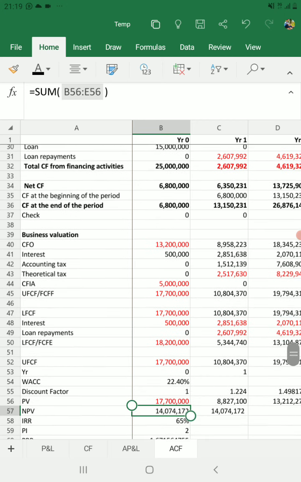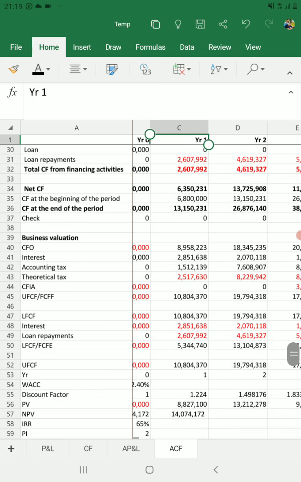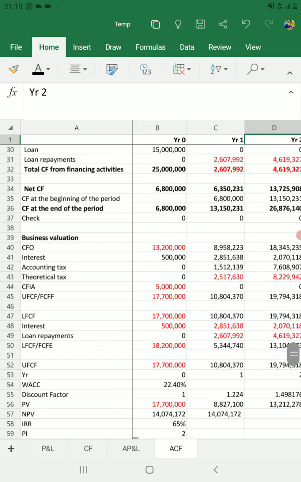We have year 0, year 1. From year 0 to year 1, there is a 12-month period. From year 1 to year 2, a 12-month period, according to what we did, okay?